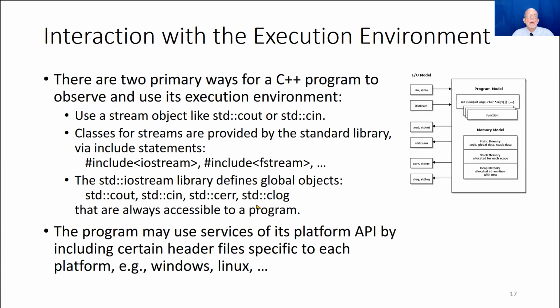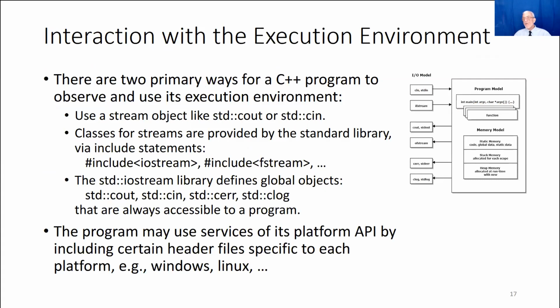So this streams interface is one way to interact with the environment. Another is that if it's a console application, we'll accept arguments from the command line. And even if it's a graphical user interface, they have command lines, and all of the frameworks provide a way of getting access to that command line.